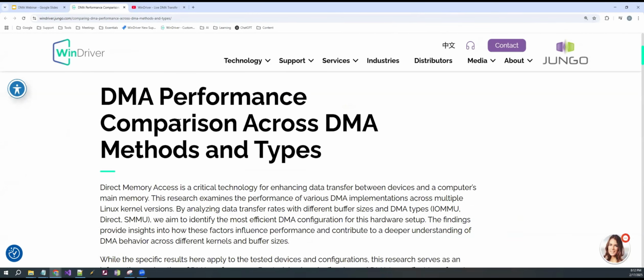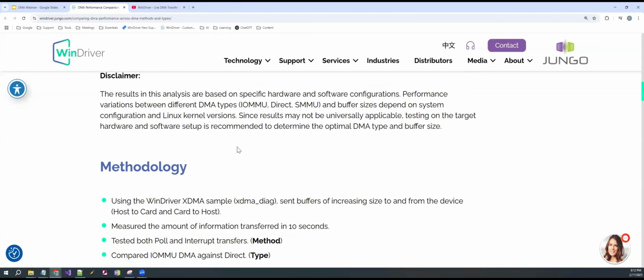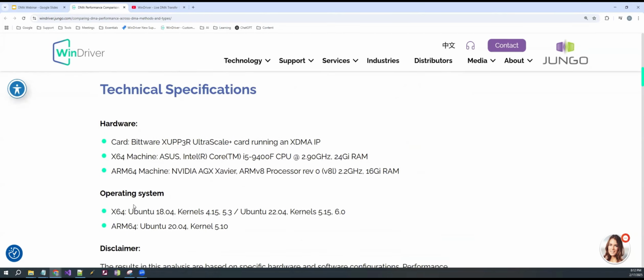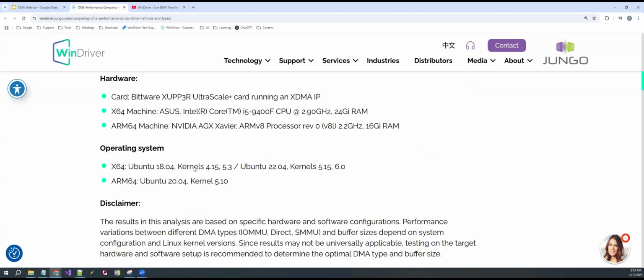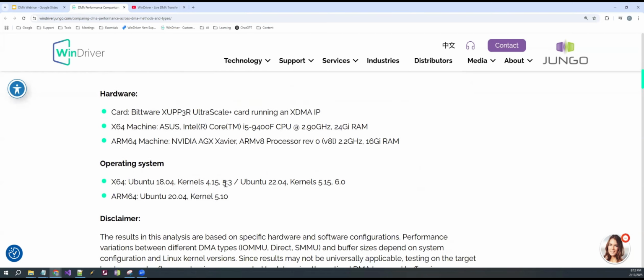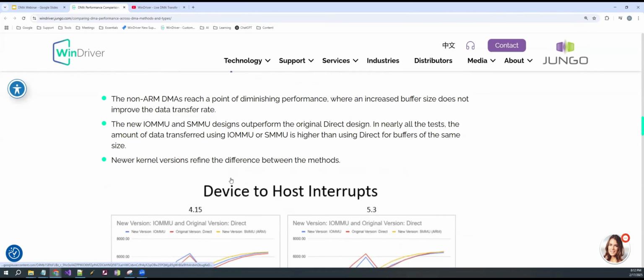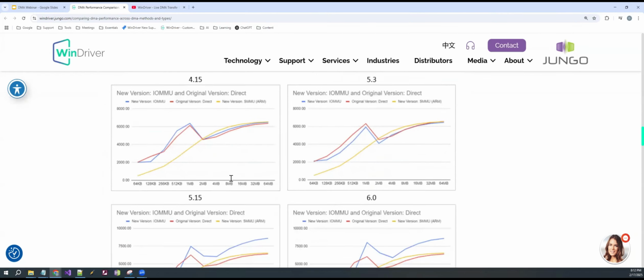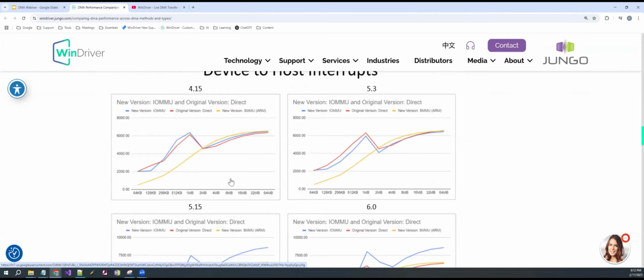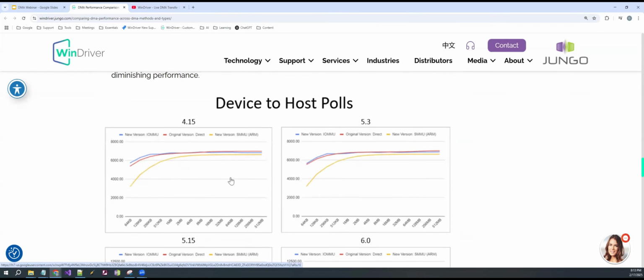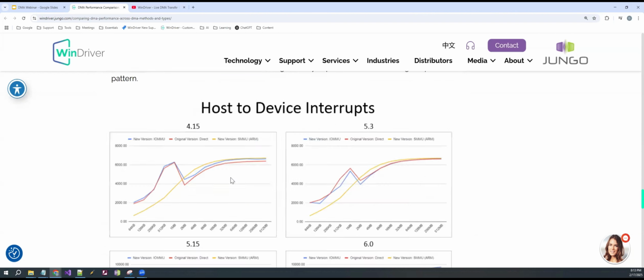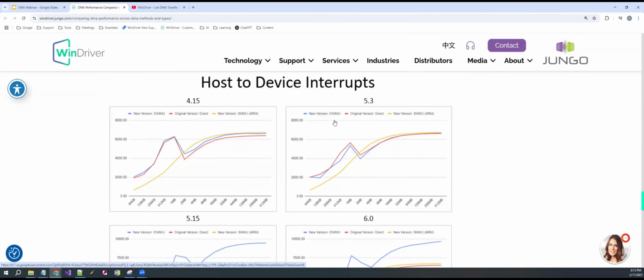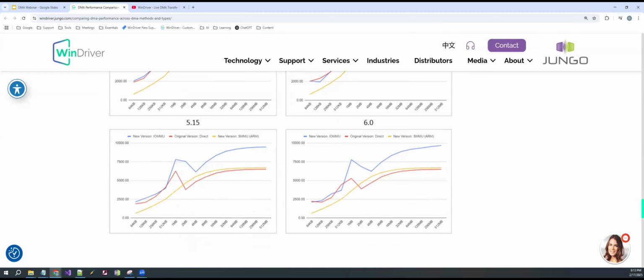Basically, what they did was take the same architecture, the hardware and the operating system, and try different kernel versions, different interrupt types, whether polling or interrupt-handler driven. They tried to work with the IOMMU component instead of the DMA controller, and got some interesting results.